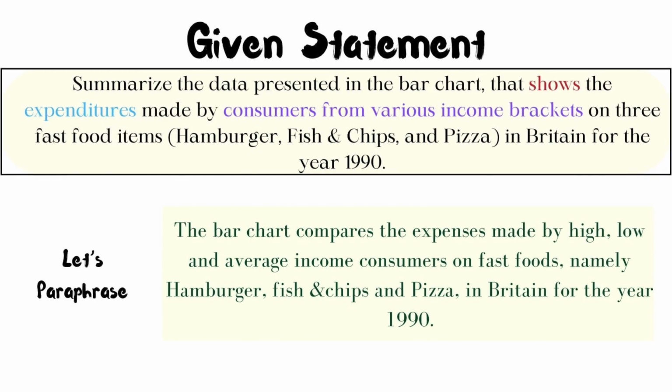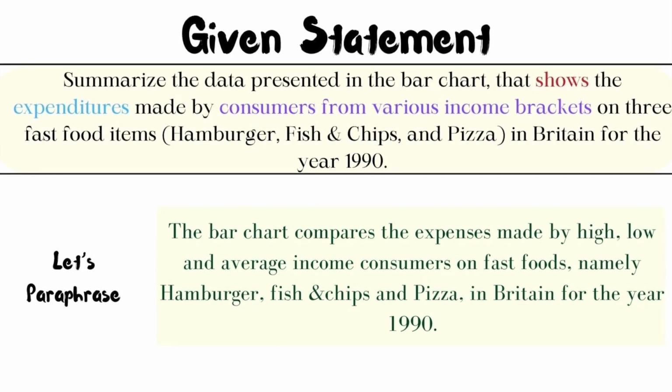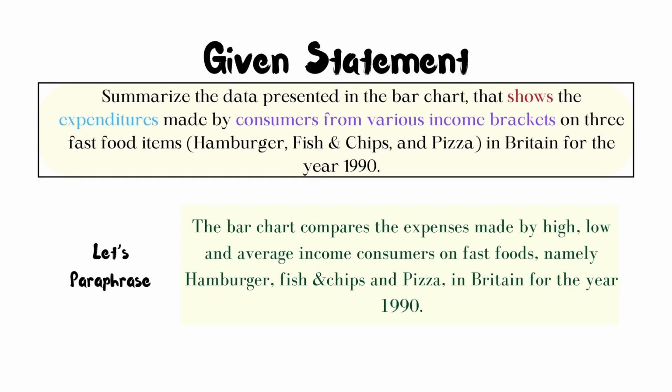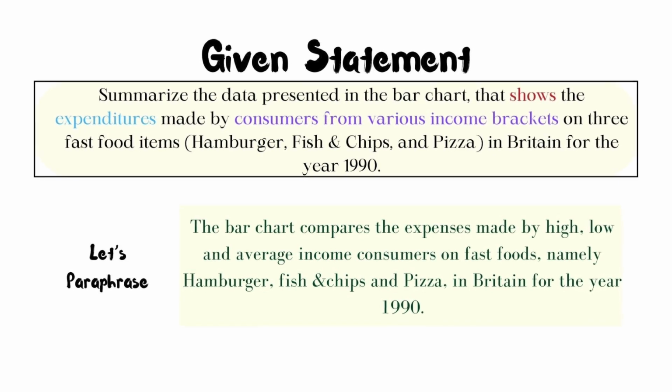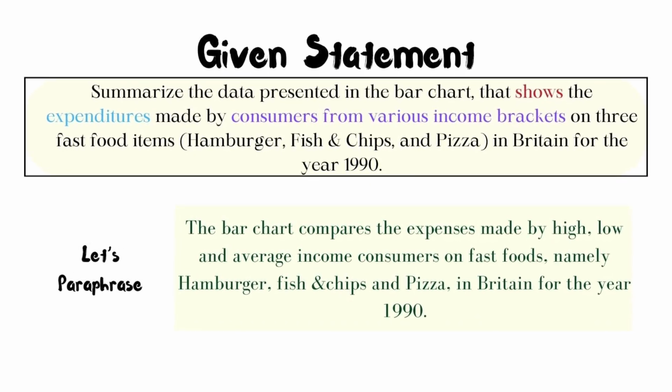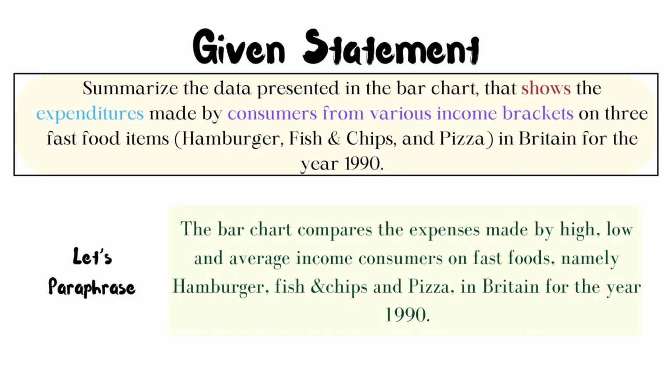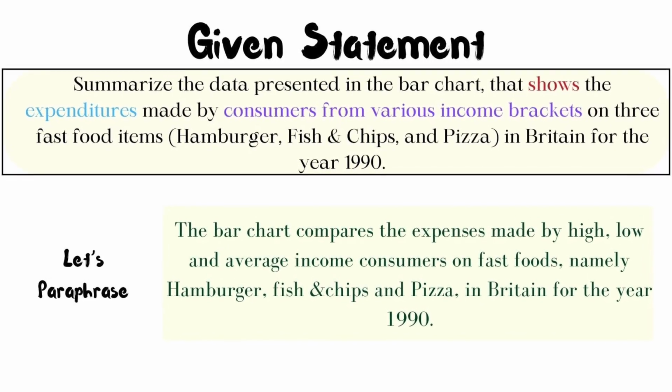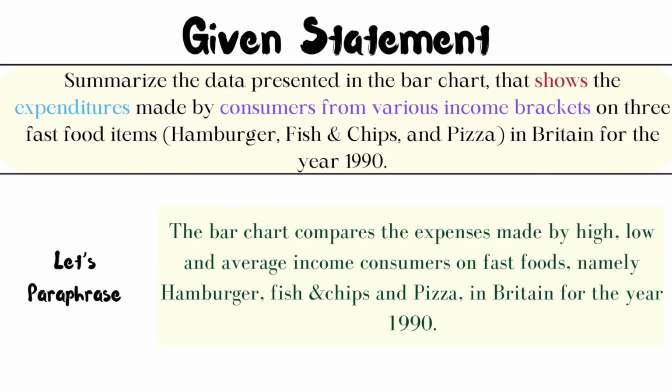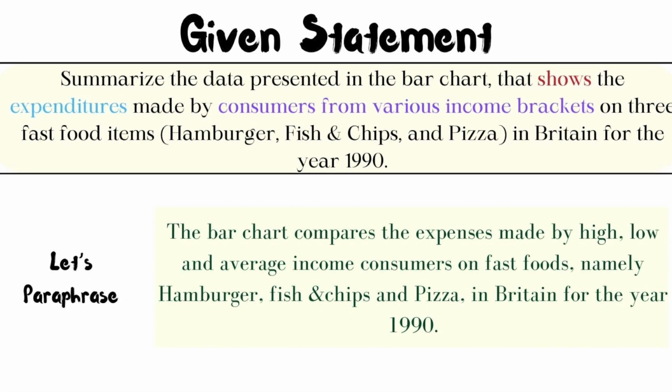Right? Now we are going to make things a little bit clearer by adding the name of the food items in our statement, that is hamburger, fish and chips, and pizza in Britain for the year 1990. That is it. It is a perfect introduction you can give for your IELTS Task 1.